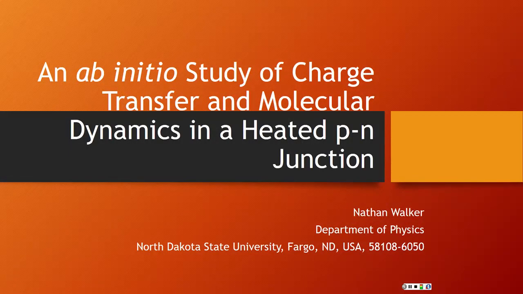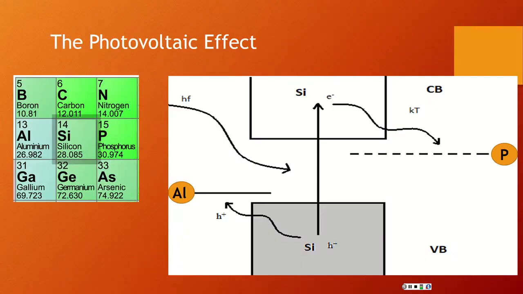So my project this semester was to study charge transfer in a heated PN junction. To start off, I have a diagram here that shows what the photovoltaic effect is. If you have a PN junction, a photon can come in and excite an electron in an occupied silicon orbital up to a previously unoccupied state, and that leaves a hole behind.